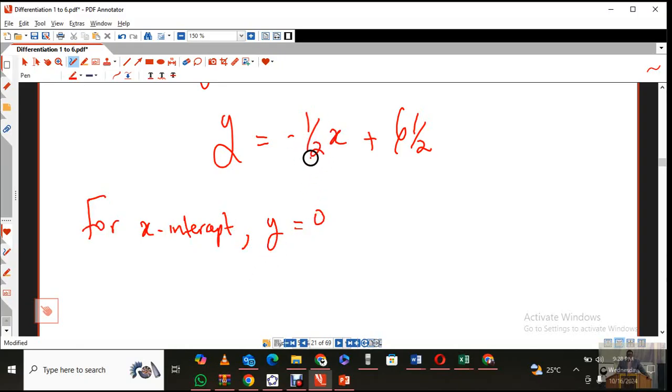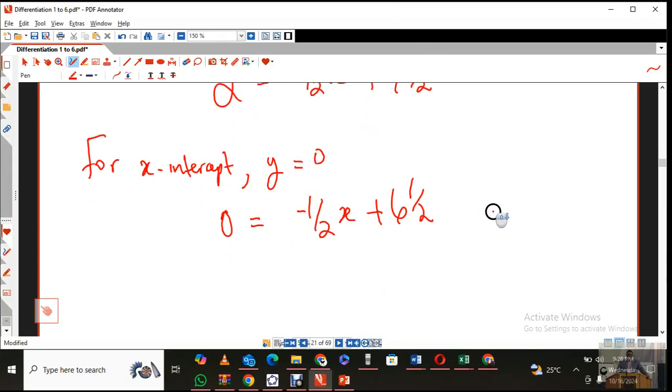So how do we find that? We know that is the equation of the normal, so we have to find what would be the x-intercept, or the x value. So we're going to let y be 0, then you have negative a half of x plus 6.5.